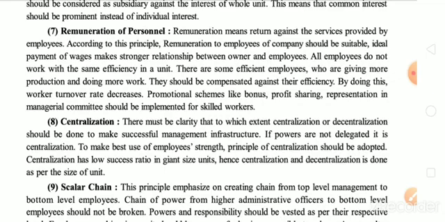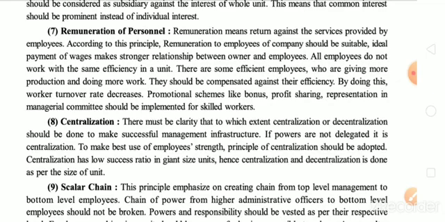According to this principle, remuneration of employees of a company should be suitable, and ideal payment of wages makes a stronger relation between owner and employees. So along with the return given to the employees, we should take care that the remuneration of employees of the company should be suitable.